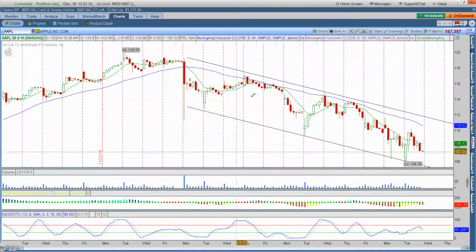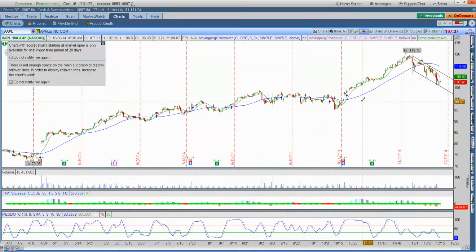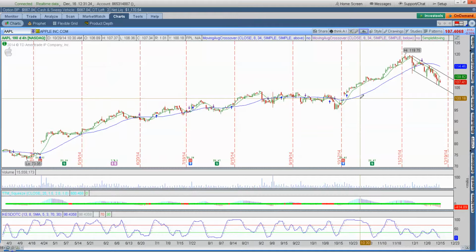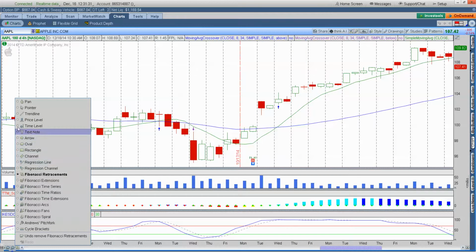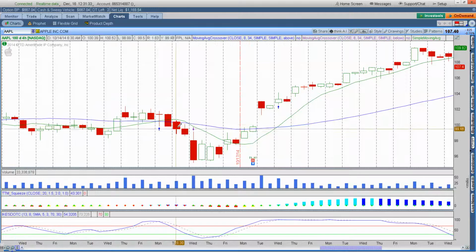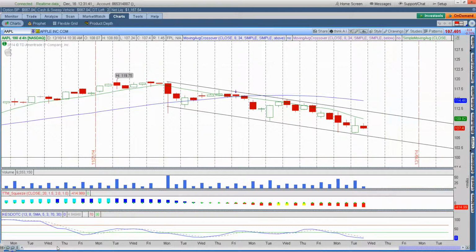One thing, actually, I saw that on the hourly. If I go to 4 hour, I think I can see it. That is actually what I'm looking for. I just saw right there, this little gap. That could be everything. So we're going to label it. What am I going to label it?